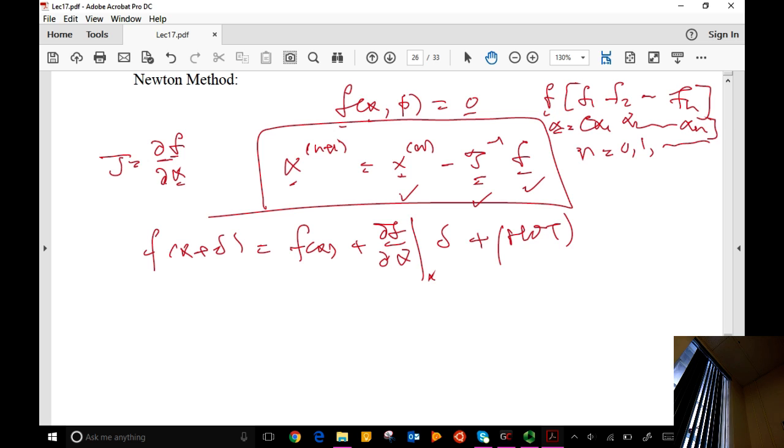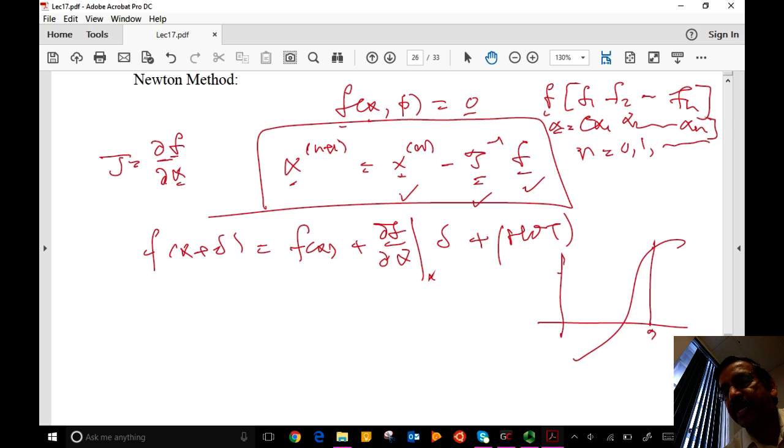So the algorithm says, graphically, if you want to think about it in the one-dimensional case, if I have a function like this, and this is my initial guess x, I'm going to draw a tangent to that, and I'm going to approximate the function. The function is actually complicated like this, but I'm going to approximate that function by a tangent. That's why I'm ignoring all the quadratic terms that are above. So this is a linear equation.